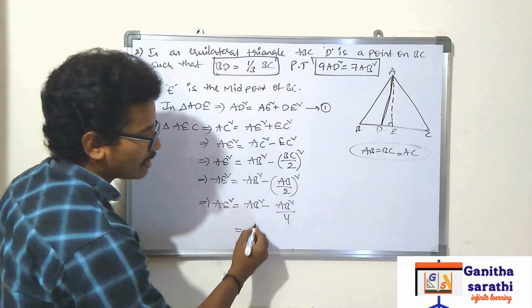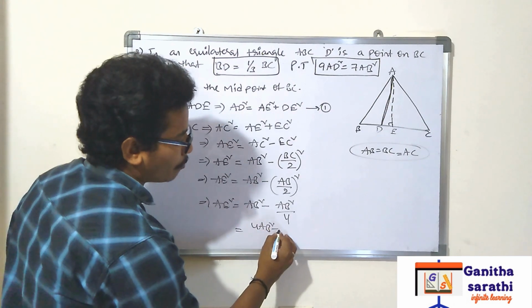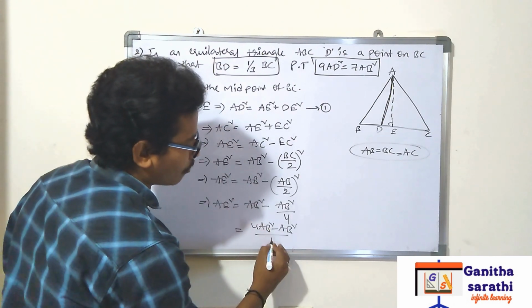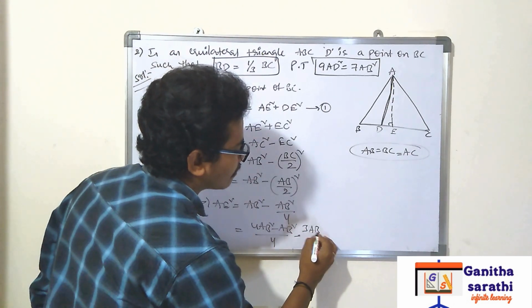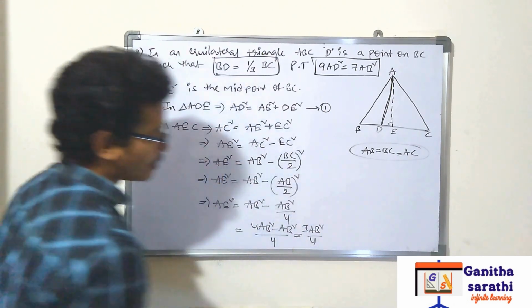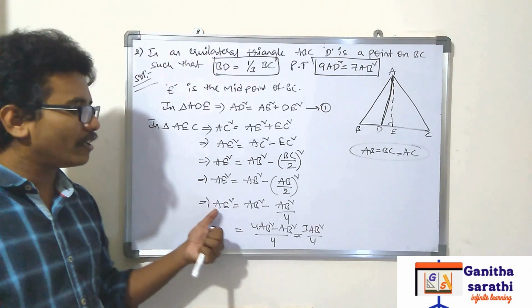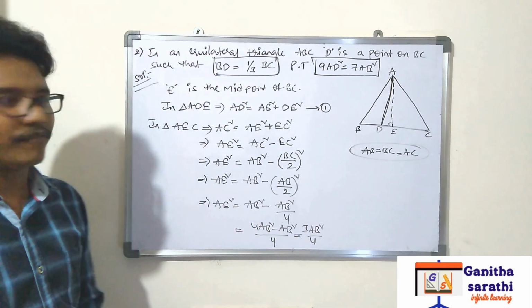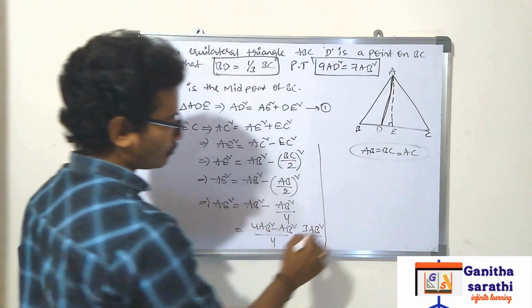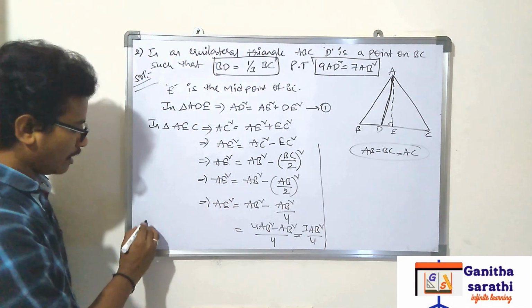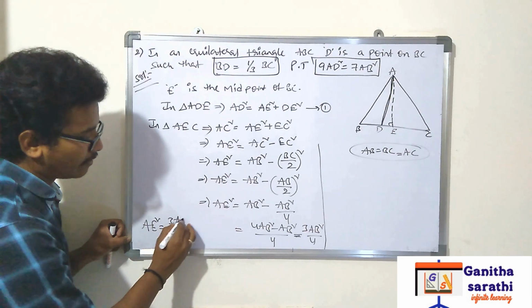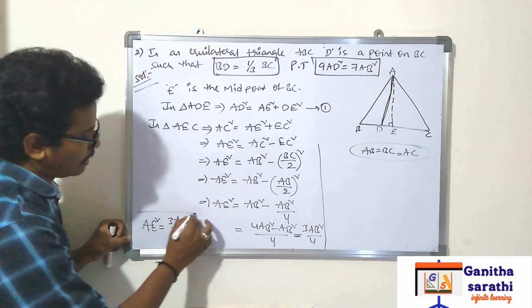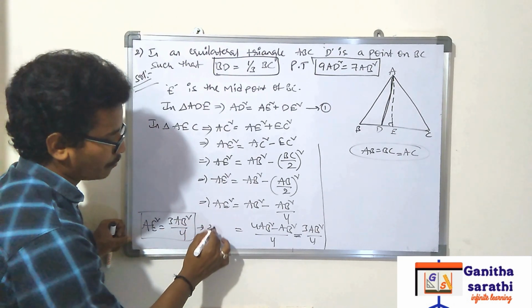So 4AB square minus AB square by 4. 4AB square minus AB square will give you 3AB square by 4. So the value of AE square we got is 3AB square by 4. This is equation number 2.